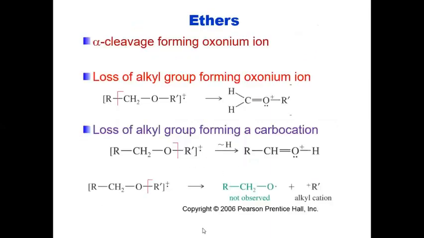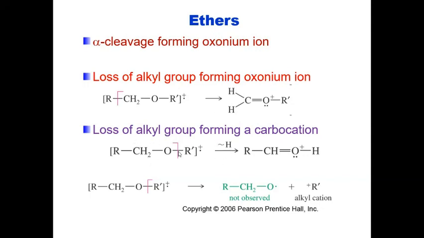Then similarly for the fragmentation pattern of an ether, the compound undergoes alpha cleavage, giving the oxonium ion. This is the molecular structure of the ether, and there is a release of an oxygen ion, showing the presence of an ether.